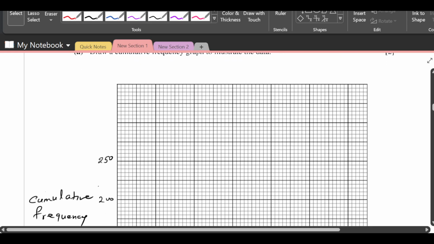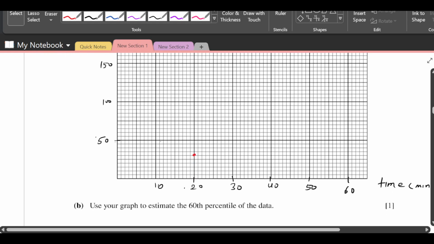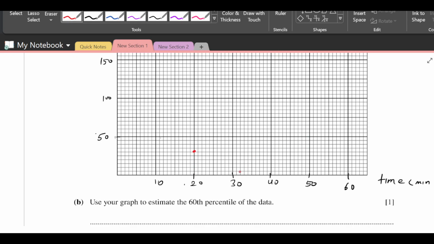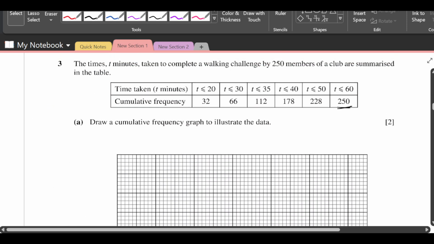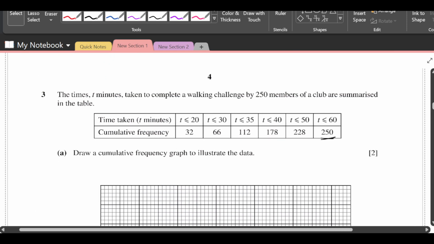Next point, at 30, we have 66. So 66 after 50, 55, 60, 65, 66. So 1, 2, and 3, somewhere here. Okay, then third, at 35, we have 112.